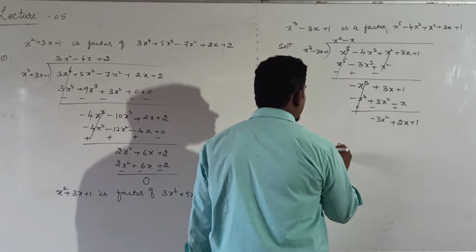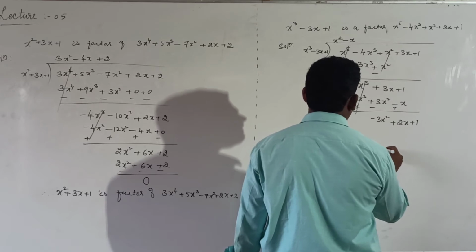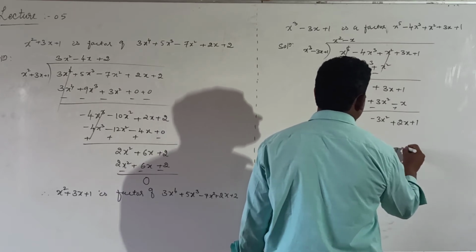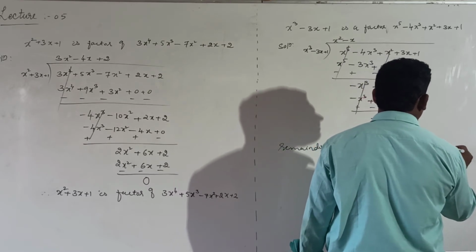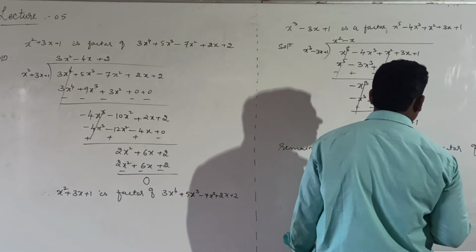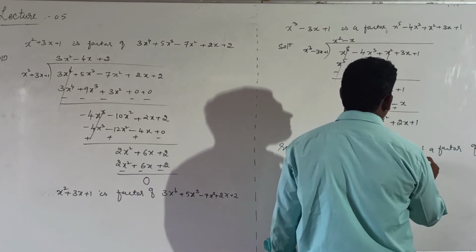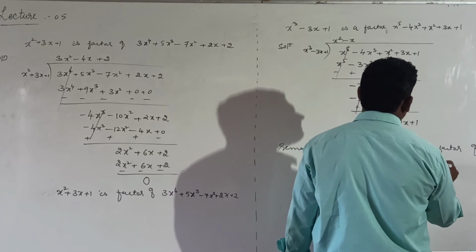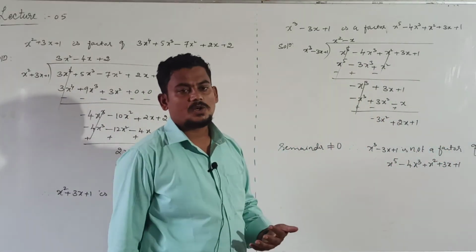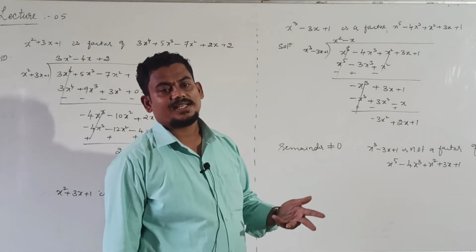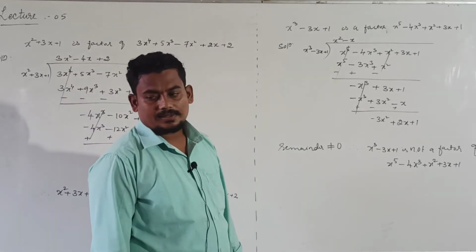Remainder not equal to 0, therefore x cube minus 3x plus 1 is not a factor of x power 5 minus 4x cube plus x square plus 3x plus 1. When the remainder becomes 0, we conclude it is a factor. If the remainder is not equal to 0, then it is not a factor.